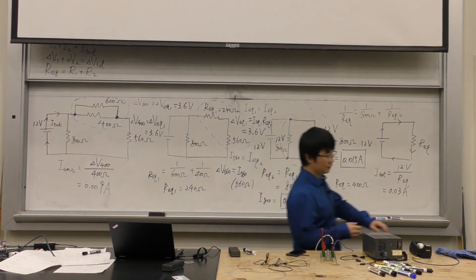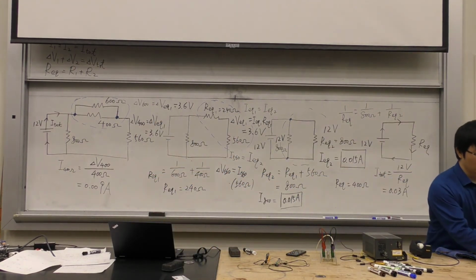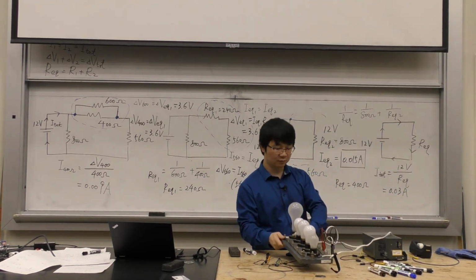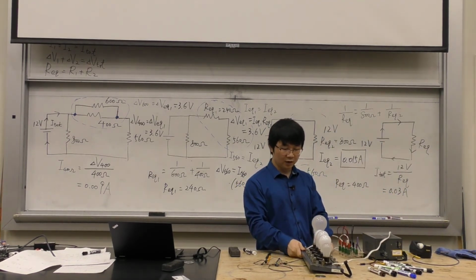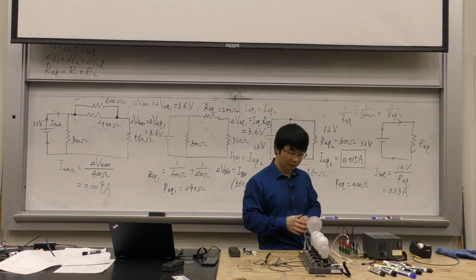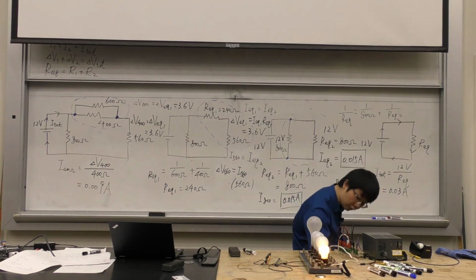So I do have a very nice demo for the fuse here. Eric Chapman set this up for me. So we can see how the fuse is going to protect the circuit when the current goes too high.